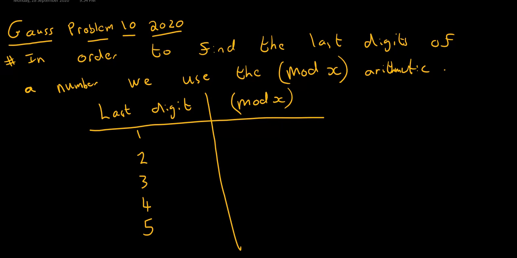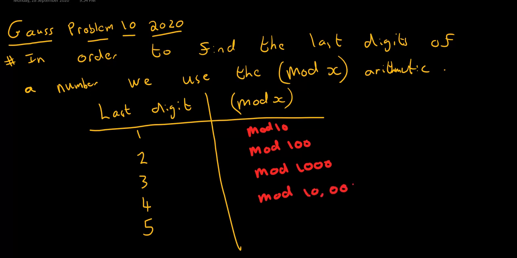Okay, so hopefully you've done that now. I'm going to do this in red. So to find the last digit, we're working in mod 10, mod 100, mod 1000, mod 10,000, then mod 100,000.